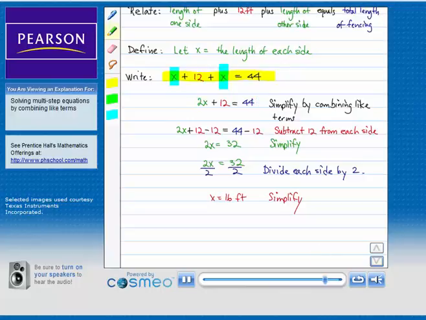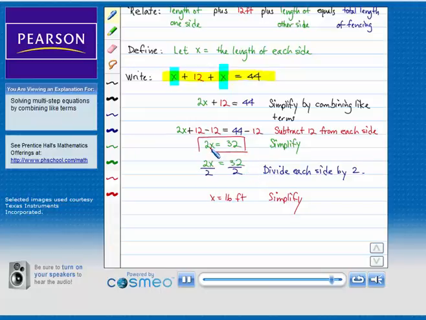After I have simplified the equation in the first step, I can go ahead and solve it like we did earlier. In this case, I'm going to subtract 12 from each side of the equation. So I have 2x plus 12 minus 12 is equal to 44 minus 12, and then I simplify. Plus 12 minus 12 is 0, so it leaves me with 2x. 44 minus 12 is equal to 32, so I have the new equation 2x is equal to 32.